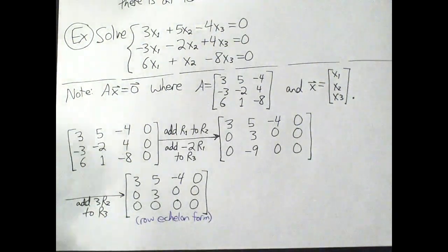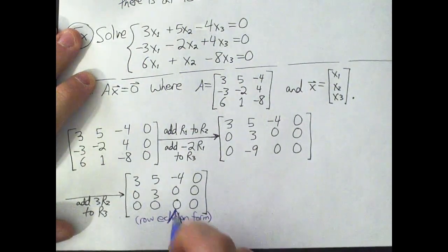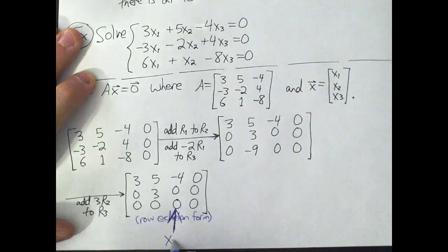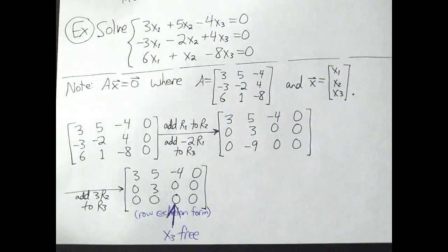Oh, by the way, we have a free variable. Free variable is happening right here. X3 is free. Because ordinarily you expect, in column 3, row 3, something here to tell us what x3 is equal to. But we just have a row of zeros. So we're not getting any information on what x3 is supposed to be, so x3 can be anything.